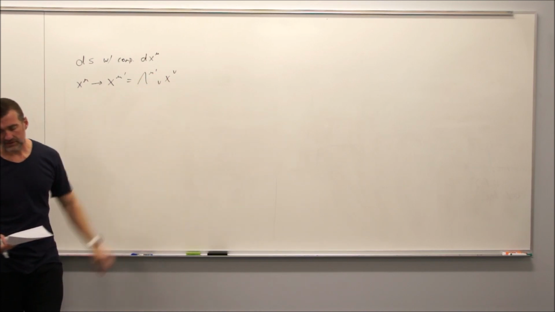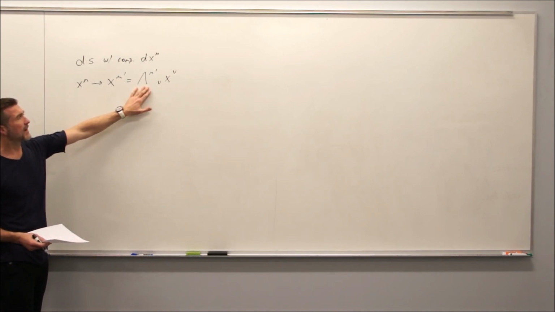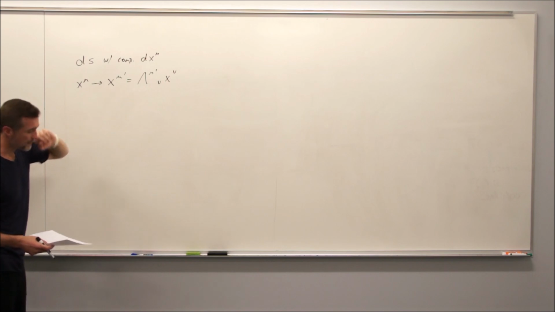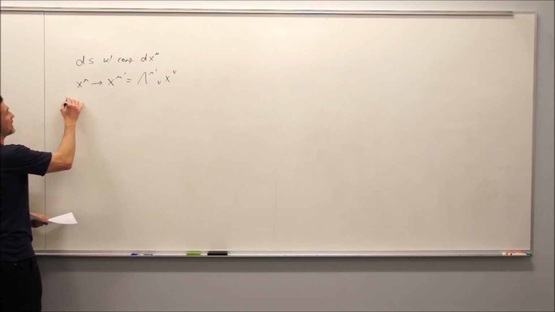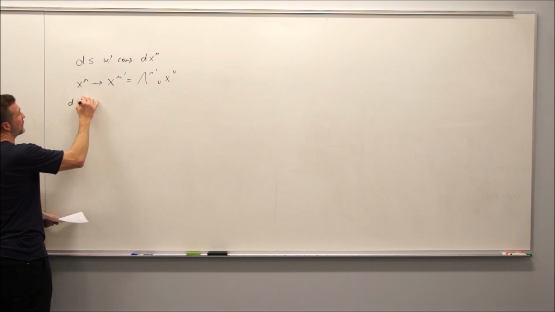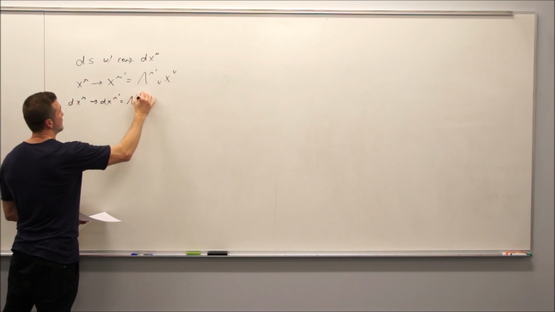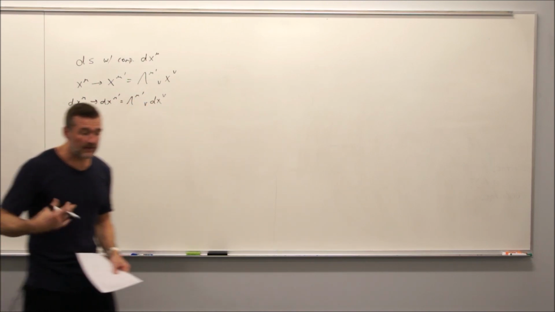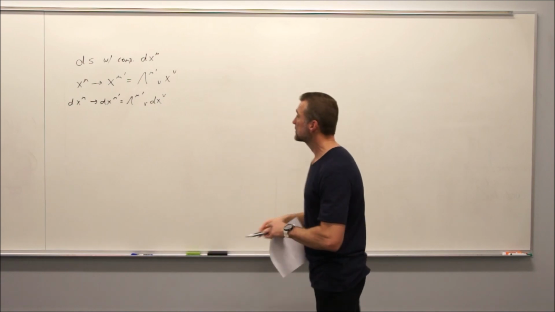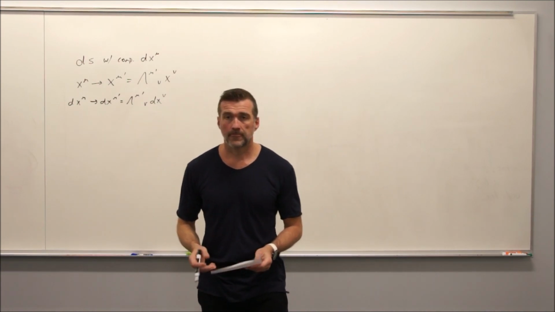And you can always represent a transformation by a matrix operation. And as a consequence of this, if we want to ask how the differentials transform, well, they just transform in exactly the same way. So the upshot of starting with the displacement vector is that we already know how its components transform.